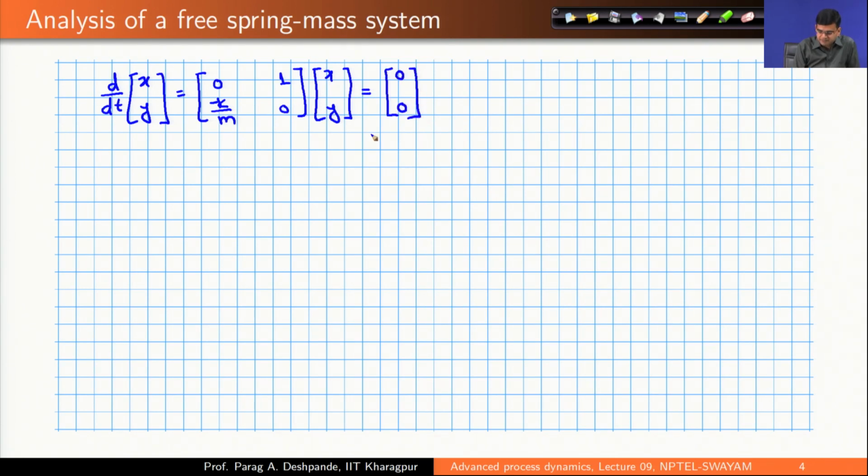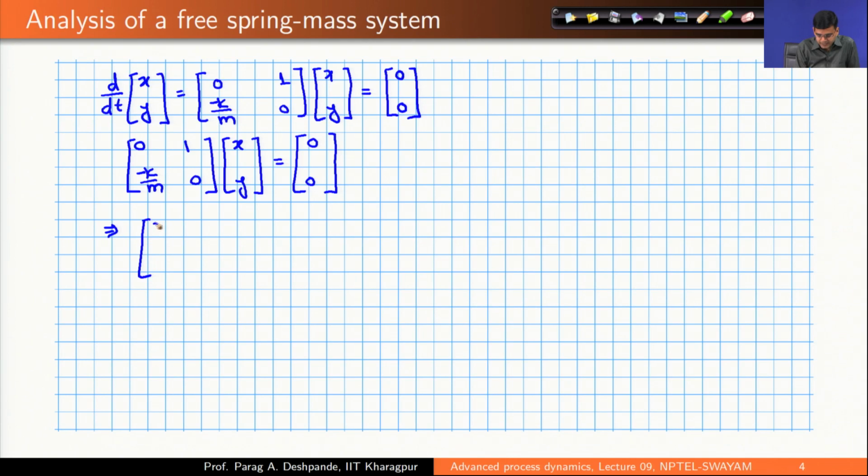This is important. Since I have a dynamical vector, the equilibrium solution would be a 0 vector, which means that all the components of the vector would be 0. So, I simply need to solve [0, 1; minus k by m, 0] times (x, y) equal to (0, 0), which very simply gives me x equilibrium, y equilibrium as 0, 0.